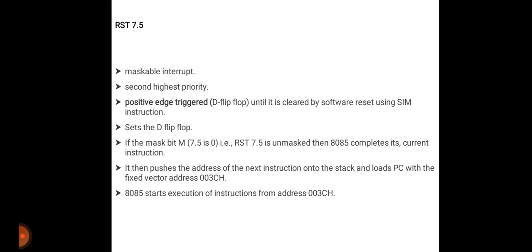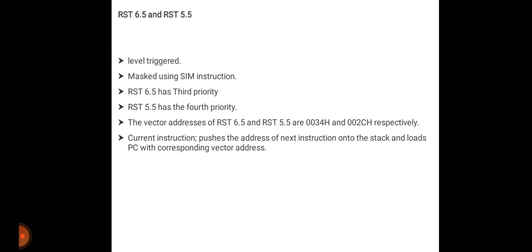Due to that, the 8085 starts execution of instructions from address 003CH, which is the starting address of the interrupt service routine of RST 7.5. This is overall about the RST 7.5.